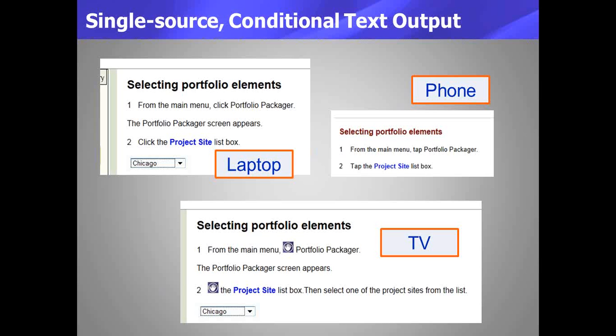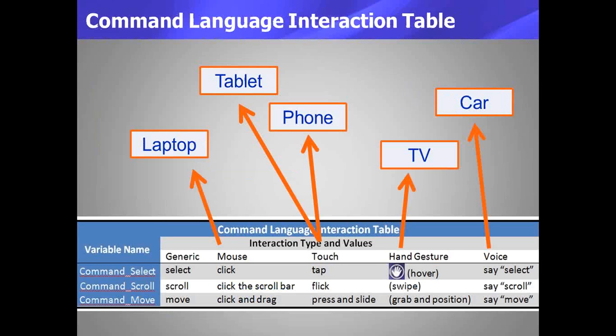And so you see an example of the same procedure that might be presented for a laptop user, the phone, or the TV, with slightly different presentations of that information. And that uses conditional text formatting within authoring tools. And most of our popular authoring tools provide that kind of support, but I think it's something that you definitely want to look for if you haven't been using that already.